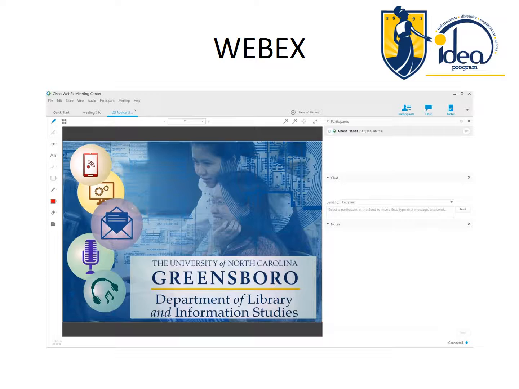You can see chat. This is where the slides would be shown in this window, and you can actually write on the slides and write on this whiteboard when it appears.